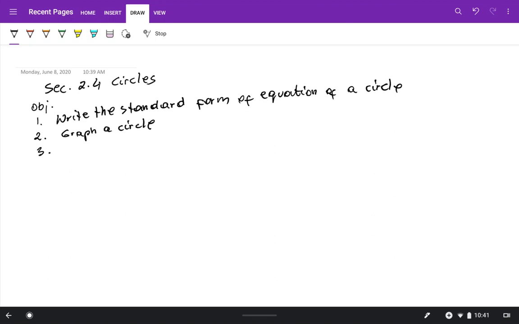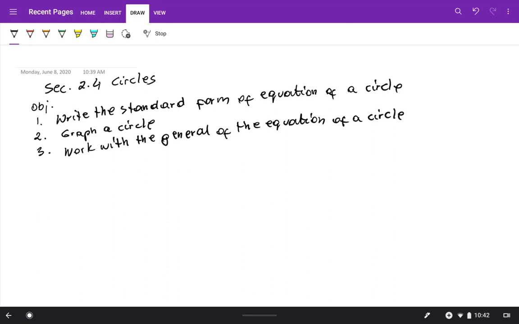And the third objective is work with the general form of the equation of a circle. Okay, so that's three objectives in this lesson.